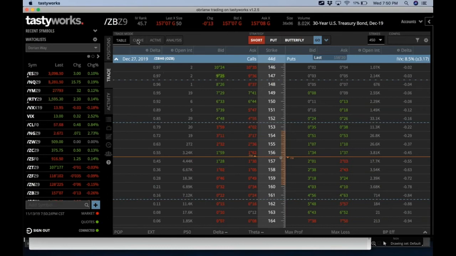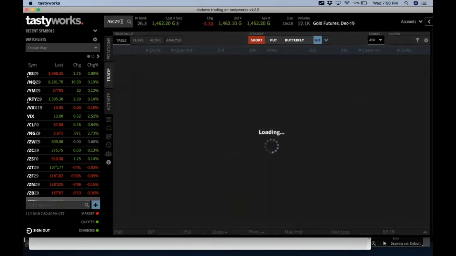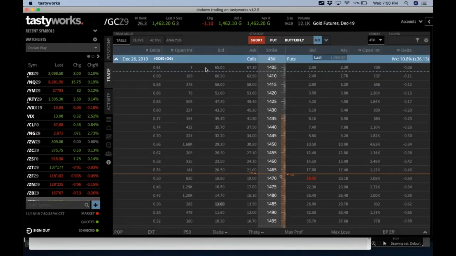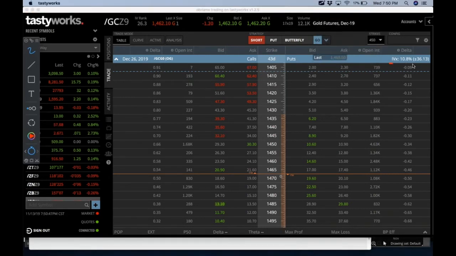Okay, let's move on to this one here. Let's try gold. We trade gold quite often. Looking at the GC, this is the gold contract, and the risk to gold is usually to the upside as well. So let's start off with that. We're looking at the expected move again, which is the 36.